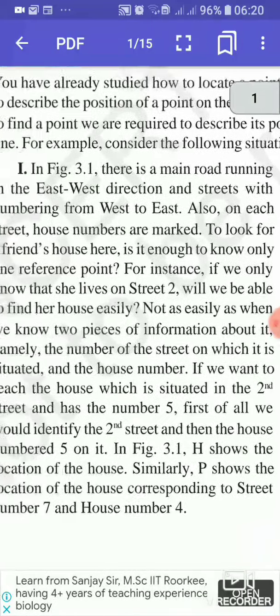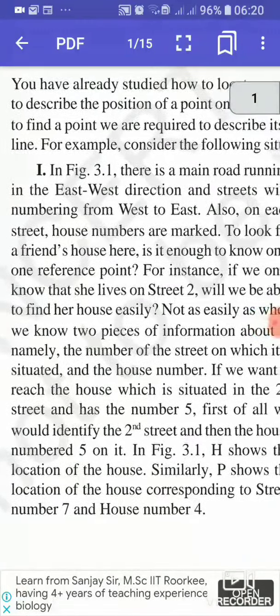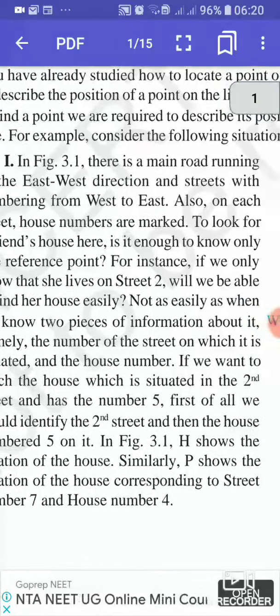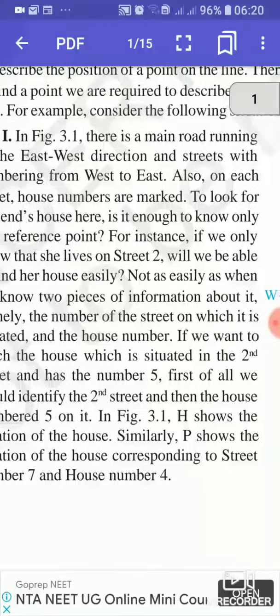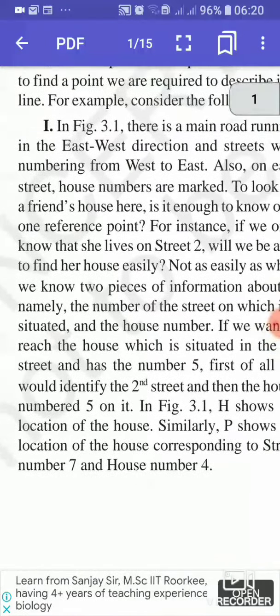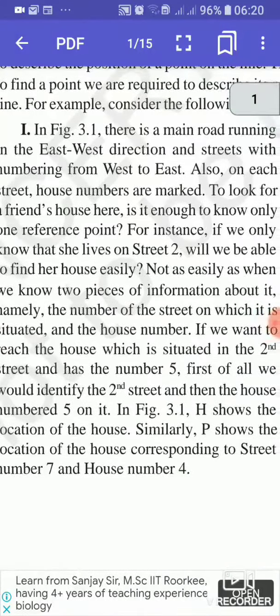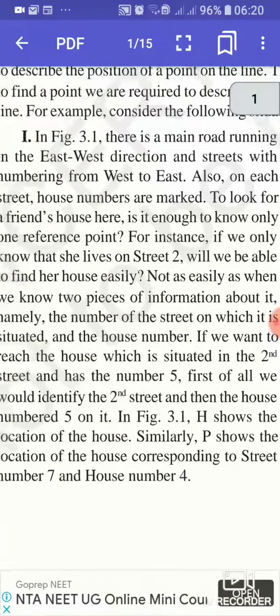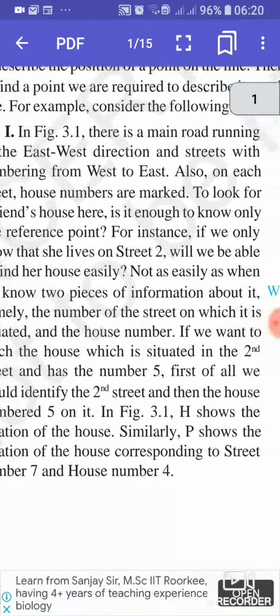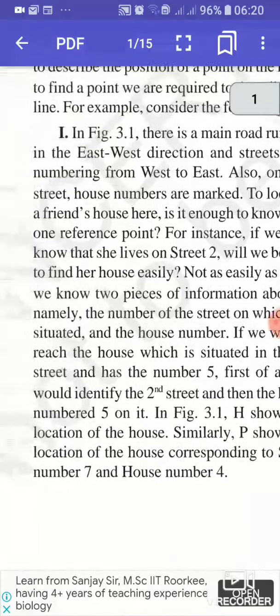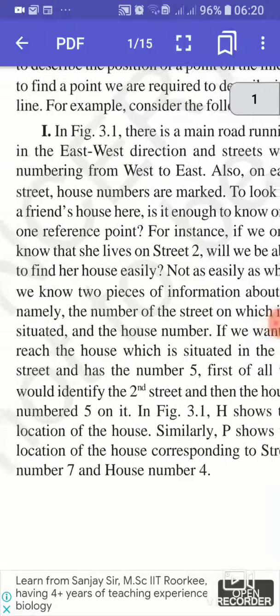To look for a friend's house, is it enough to know only one reference point? For instance, if we only know that she lives on street 2, will we be able to find her house easily?